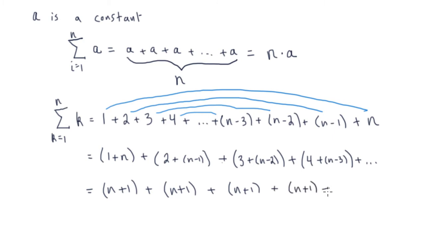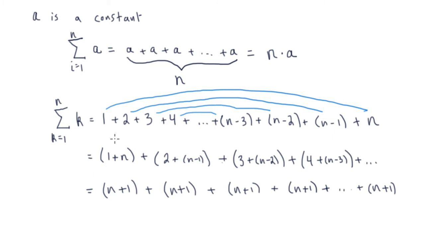So I can apply this first formula. I'm just adding up the same number so many times. But now the question is, how many times have I added n plus 1 to itself? Well, I paired them up one by one, so it should be n over 2.